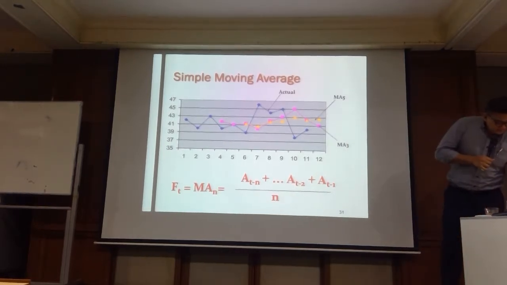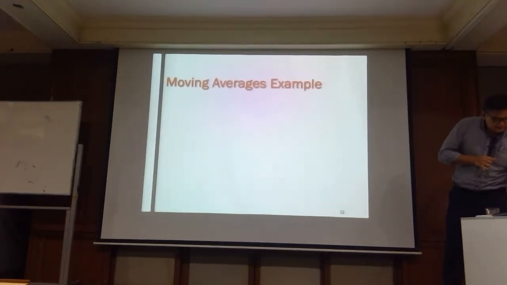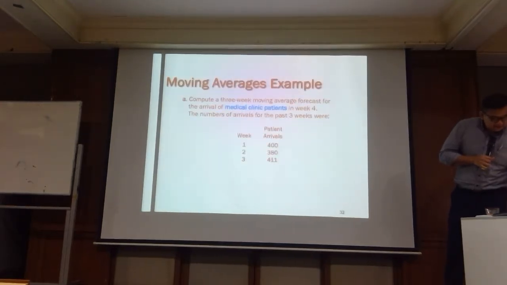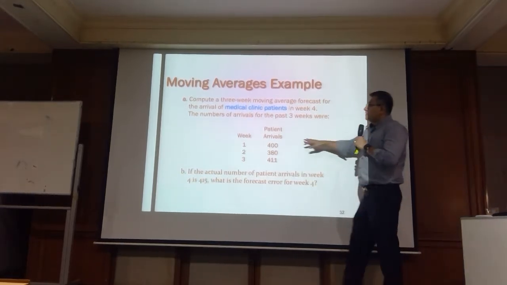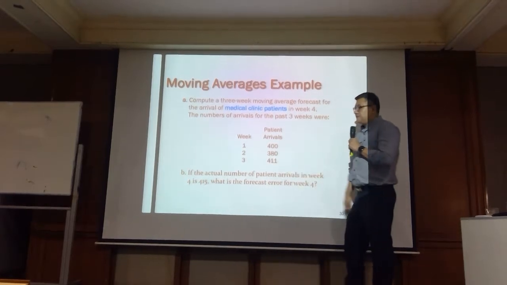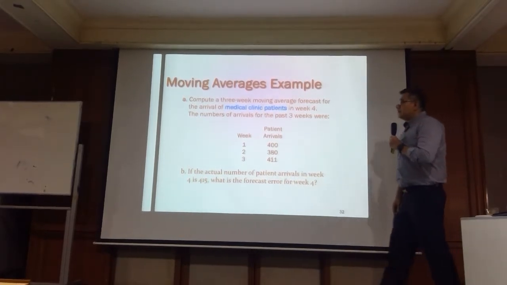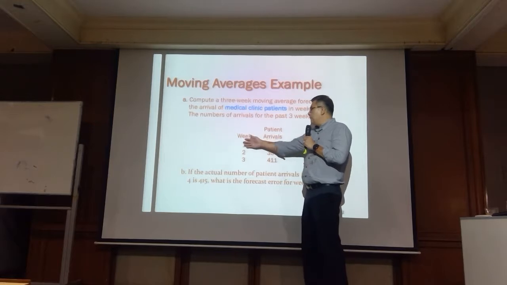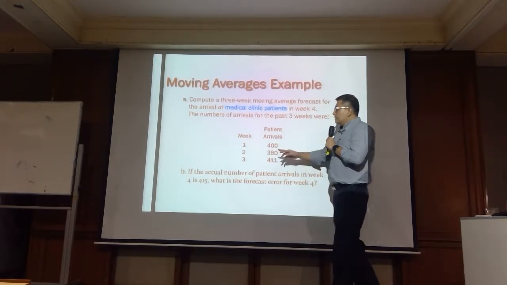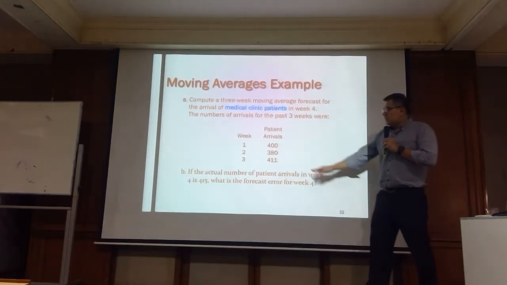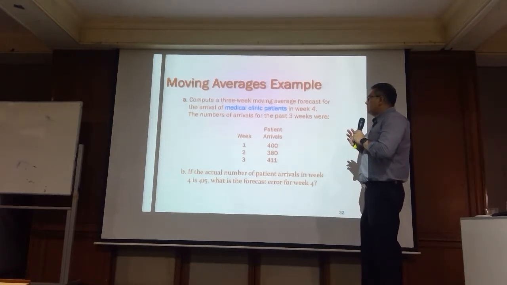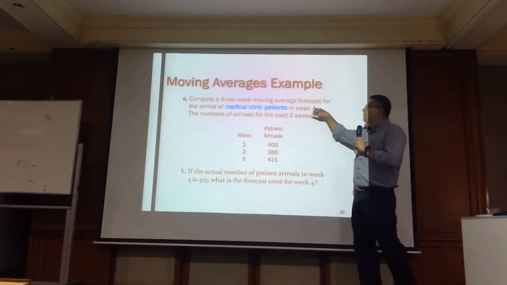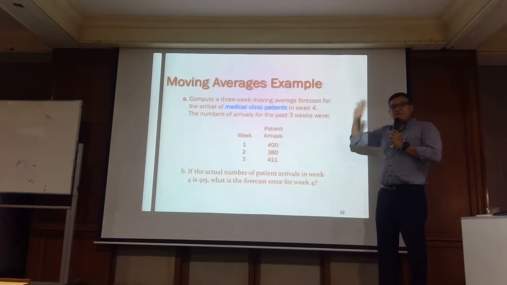Okay, and this is an example. Let's say that I have the data of medical clinic patients right here. I have the information from the first 3 weeks. First week, 400 patients arrived. Second week, 380. The third one, 411. Right now, we would like to forecast the number of patients arriving in week 4.